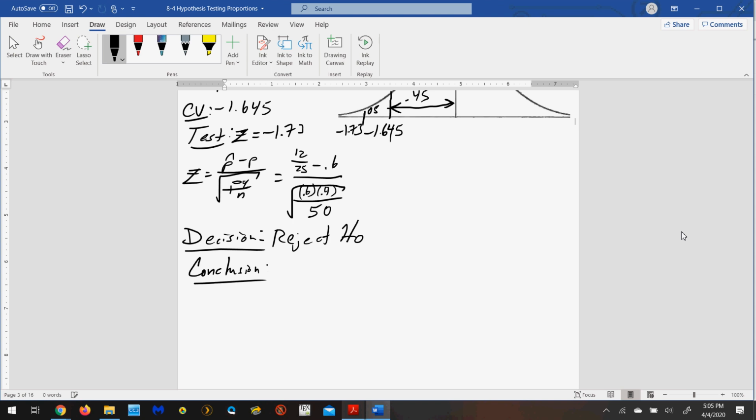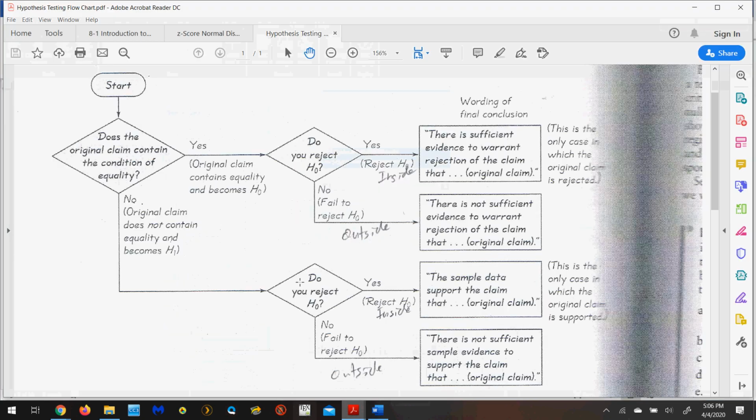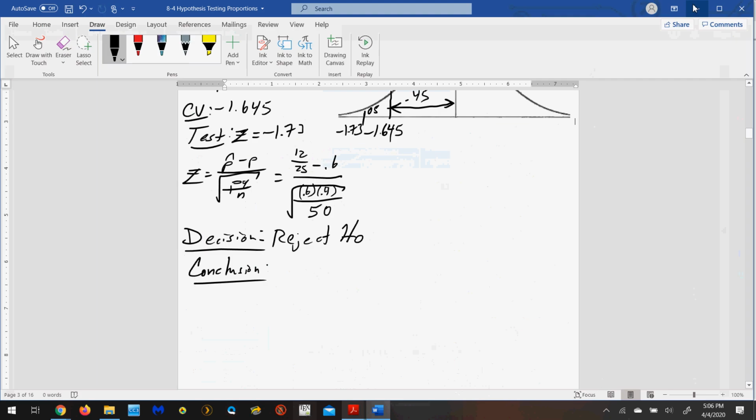Now, did we start off with the condition of equality? No, we did not. Do we reject the null hypothesis? Yes, straight across. So the sample data support the claim.